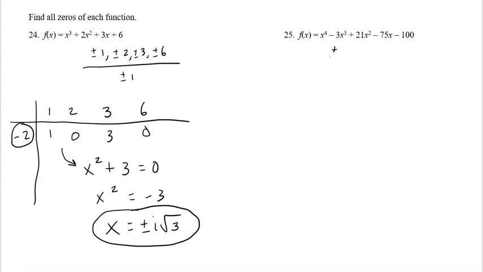Once again, just start listing out the factors of that last number. So let's see, we'll have 10, 20, 25, 50, so we've got a bunch.